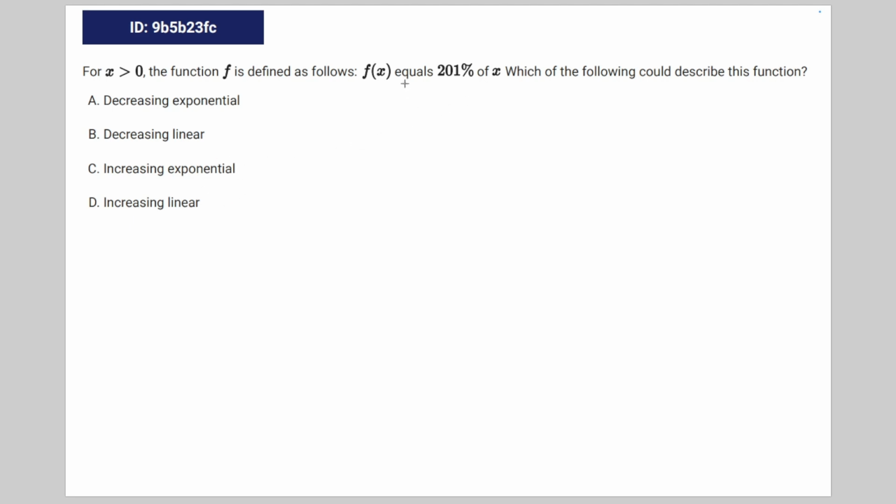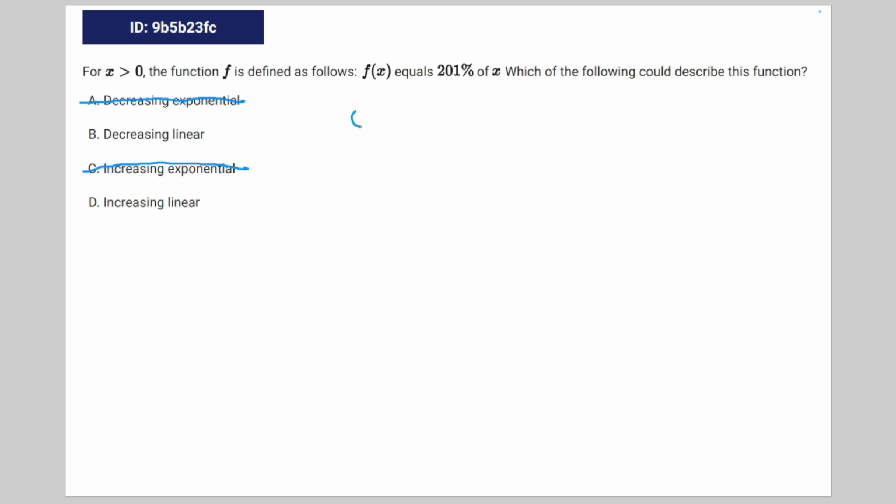Now, unless an exponent is explicitly implicated in the question, it is not going to be an exponential function. And seeing as there is no mention of any exponents at all, we can definitely cross off A and C.